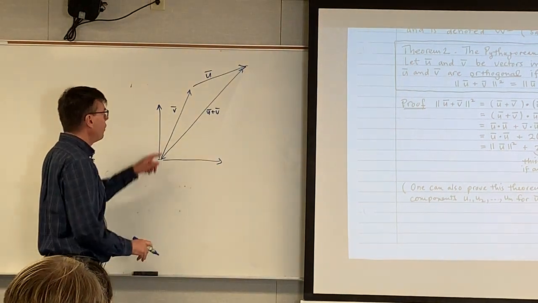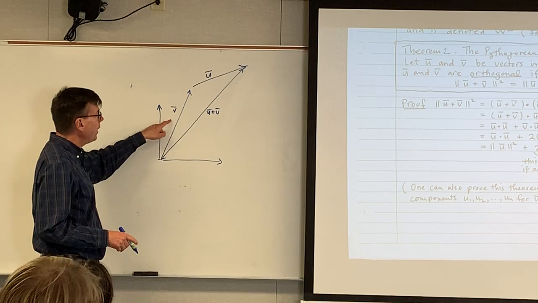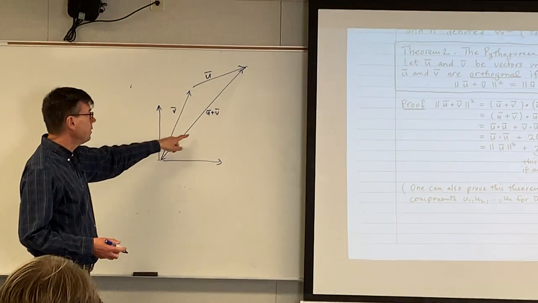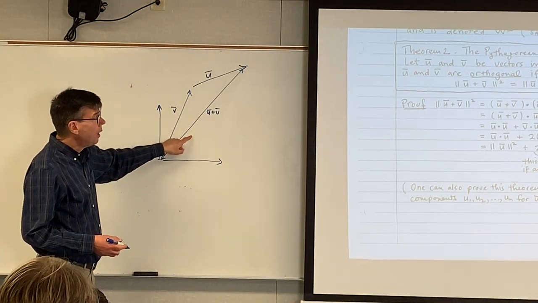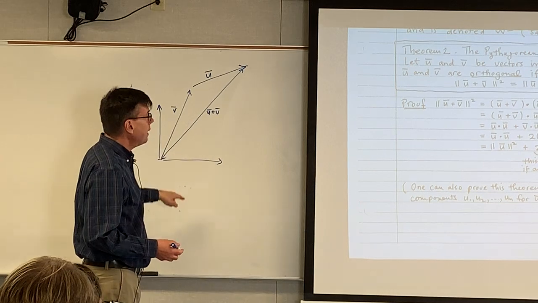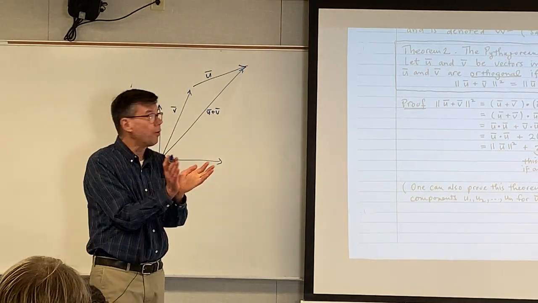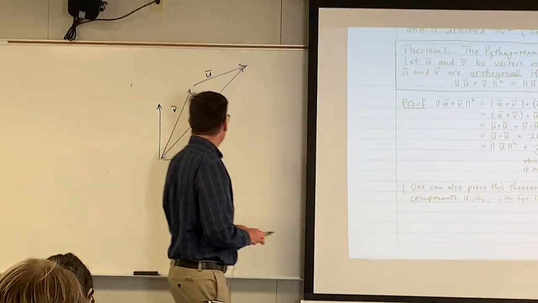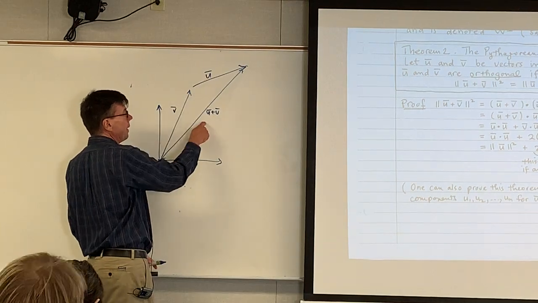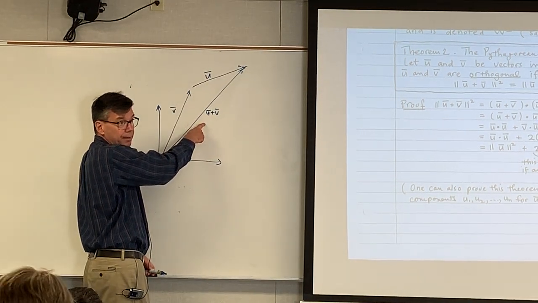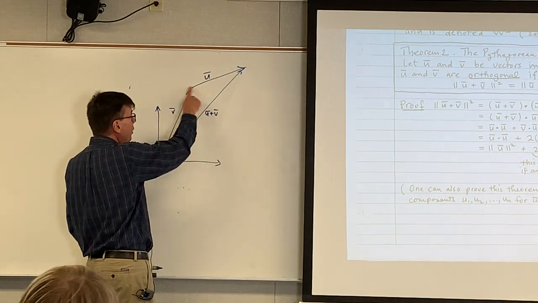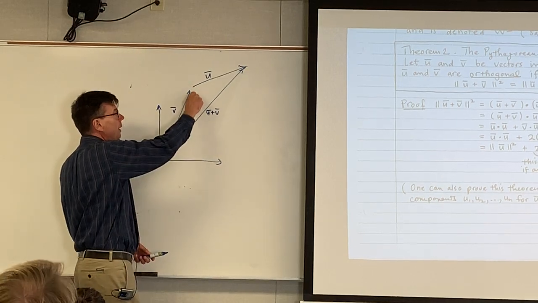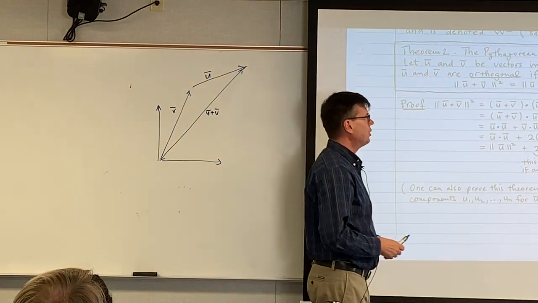So the only point I'm trying to make here is geometrically, you can think of copies of the arrow representation of u, v, and u plus v as sides of a triangle. And u and v are going to be perpendicular to each other, form a 90-degree angle, if and only if this condition is satisfied, which is like saying this length squared plus this length squared is equal to that length squared. u plus v would be like the hypotenuse of the right triangle. So this is not a Pythagorean situation the way I drew this picture, right? You'd have to have a right angle up at that corner. So that's the relationship to the Pythagorean theorem.